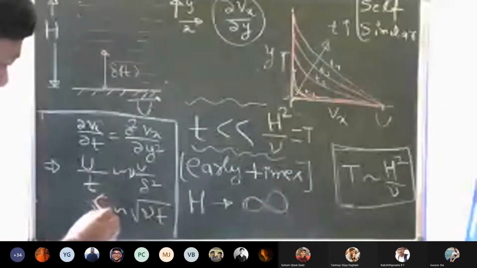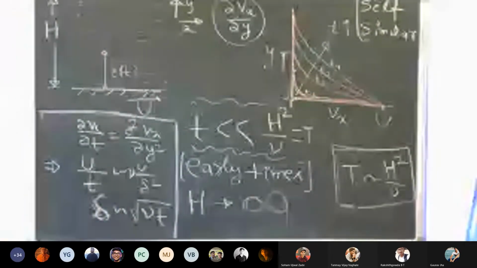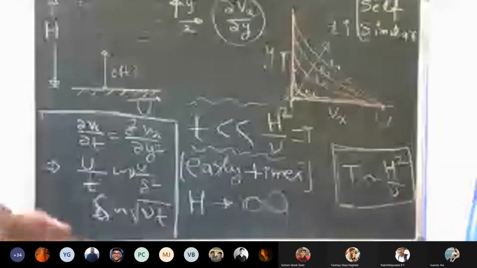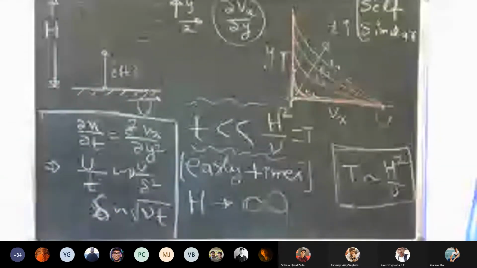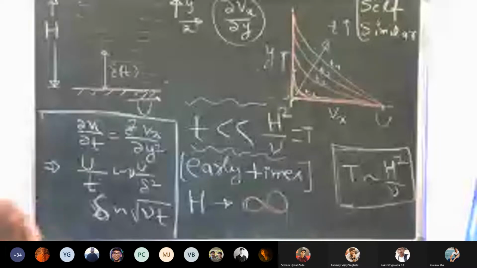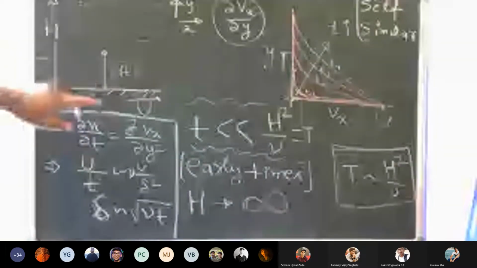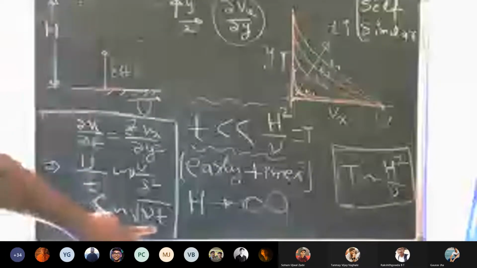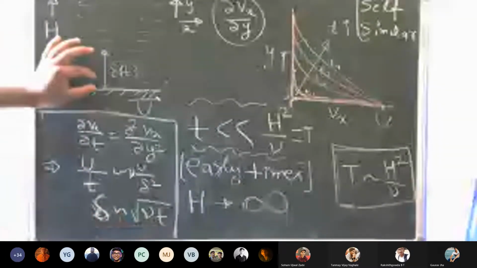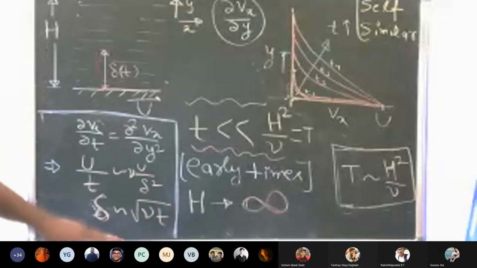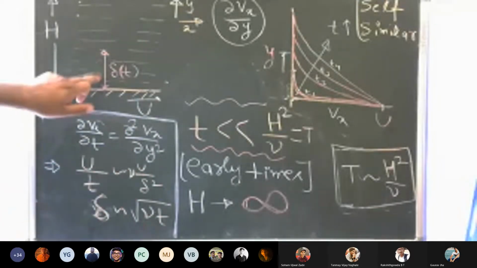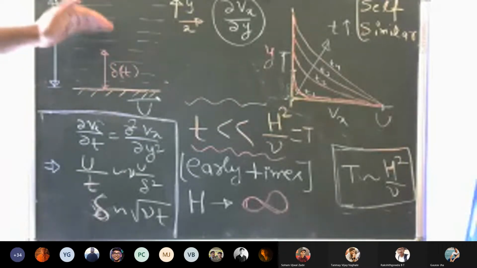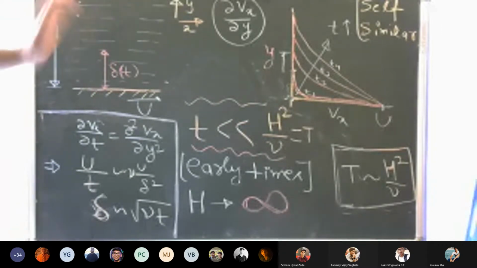See it carefully. It means if you know the time, you can make an estimate up to what time this disturbance has penetrated. So at t tends to very close to 0, delta is 0, and then as t increases, since you know the value of nu, up to that height, roughly its order of magnitude, the disturbance has reached.